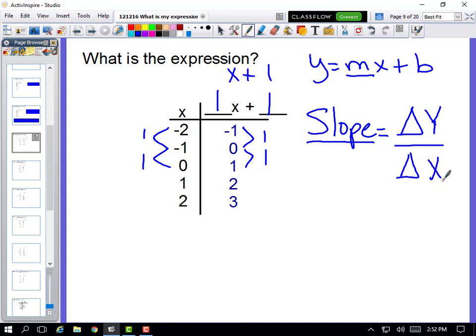Well, this triangle is kind of funny until we know what it stands for. It is a Greek symbol that stands for the change in. So slope really is the change in y, the pattern on the right, divided by the change in x, which is the pattern on the left. And that's how we find this slope right here.